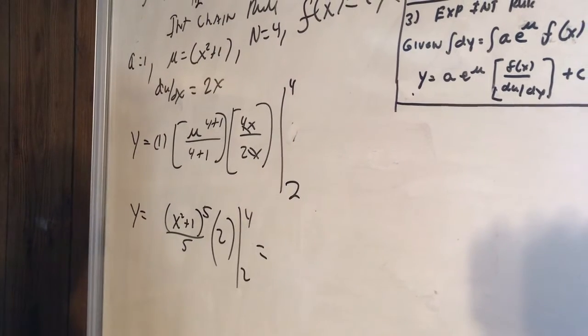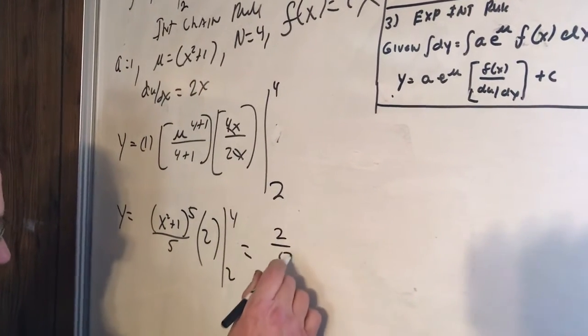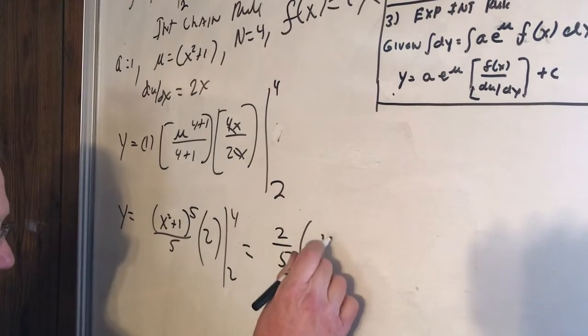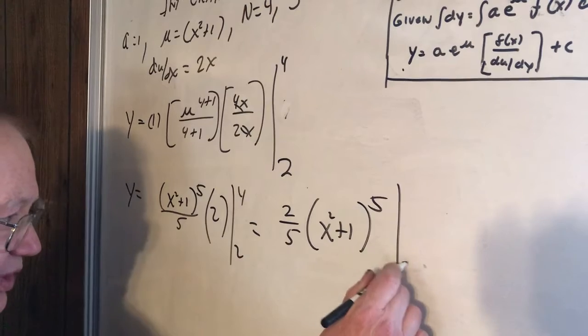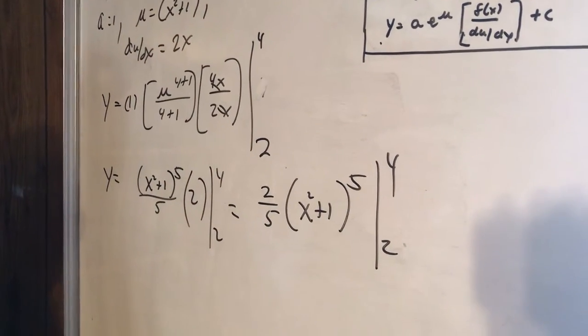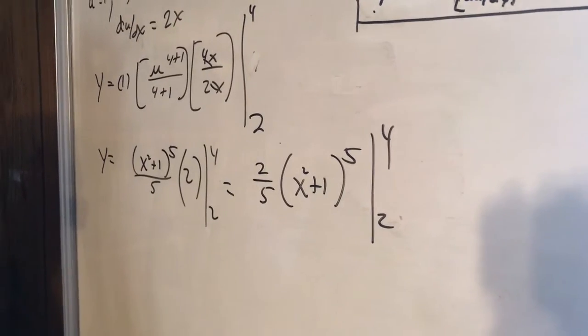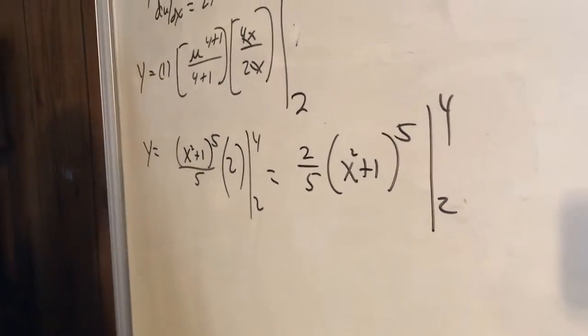That's going to be equal to 2/5 (x squared plus 1) to the 5th between 2 and 4. Now what the fundamental rule of calculus says, just substitute in the 4 and subtract it from the 2.